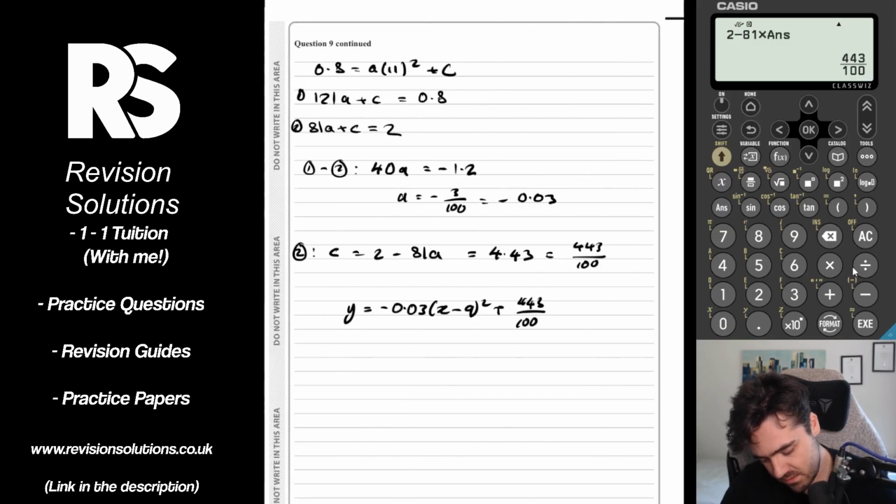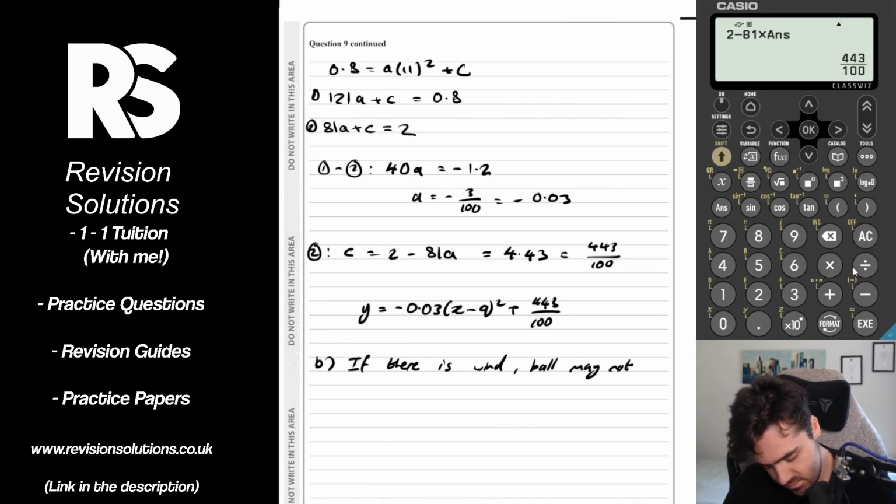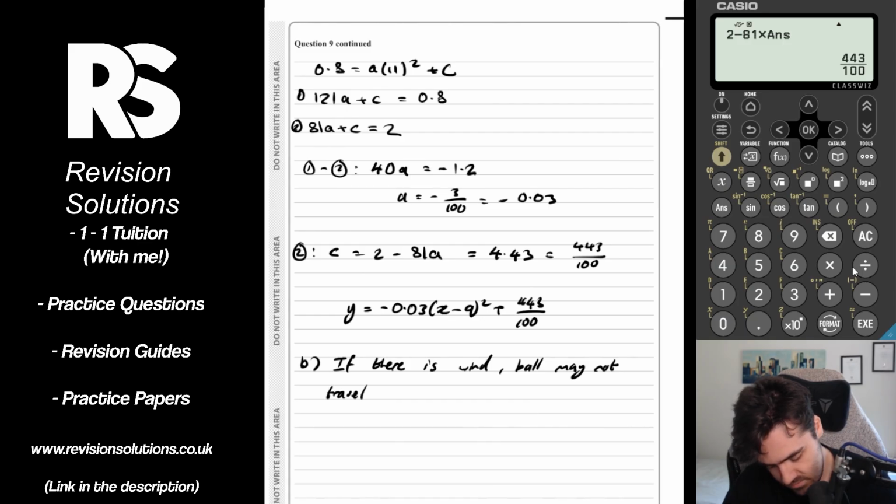So yeah, I'll go with that. This is part B. If there is wind, the ball may not travel in a vertical plane.